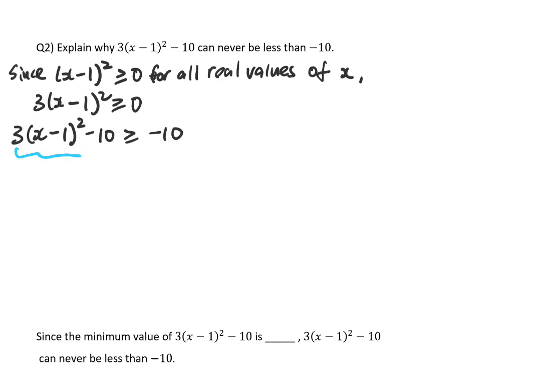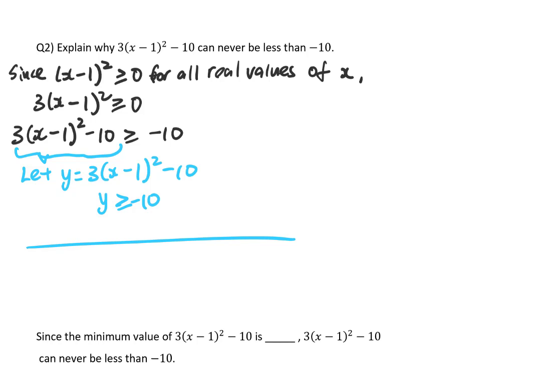Then I let y equal 3 bracket x minus 1 squared minus 10. If I rewrite this, it will look like that: y is more than or equal to minus 10. And I draw a number line. I have 0, I have 10, I have minus 10.